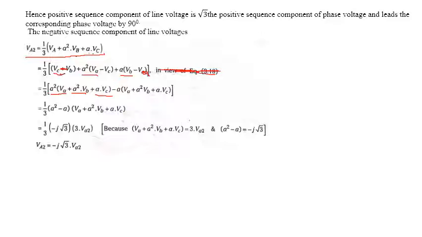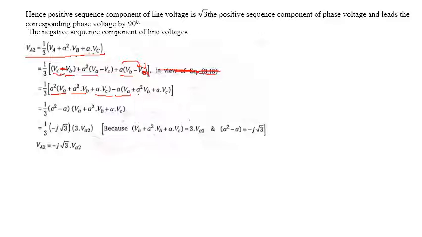The next term is minus VA. Already there is minus a, so multiplying by VA we get the term. Then the next term is a square VB. There is already minus a, so if I multiply by a square, we will get a.